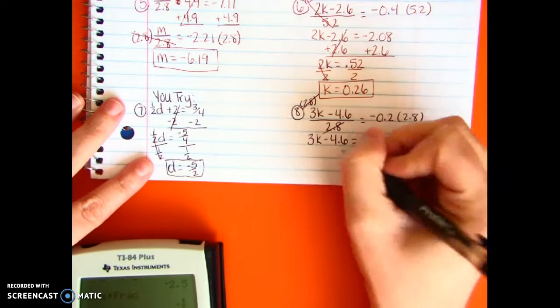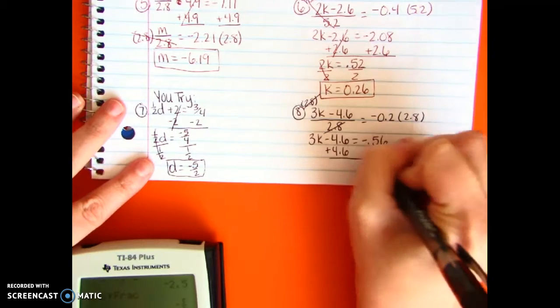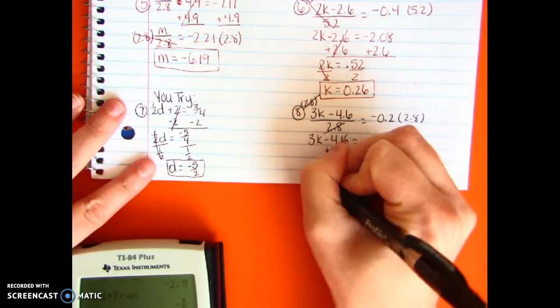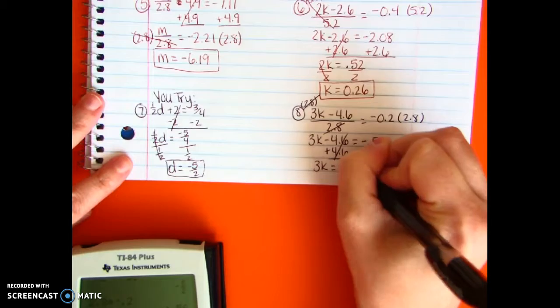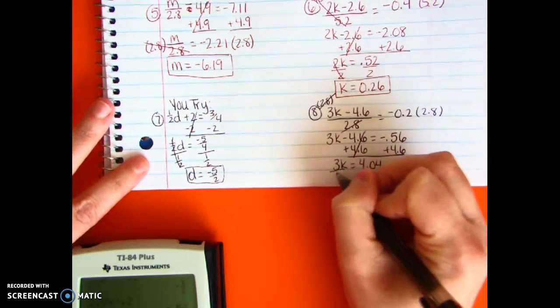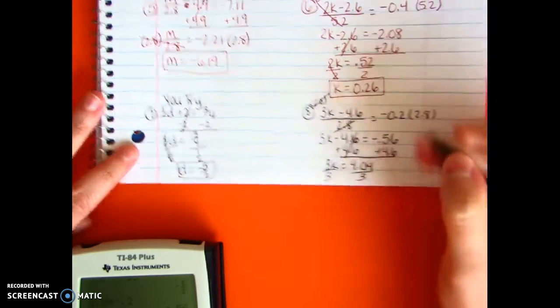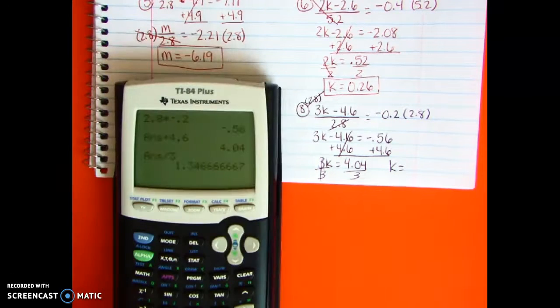And then I'm going to add 4.6 to both sides. 3k equals 4.04. Last step is to divide. 4.04 divided by 3 is a long decimal.